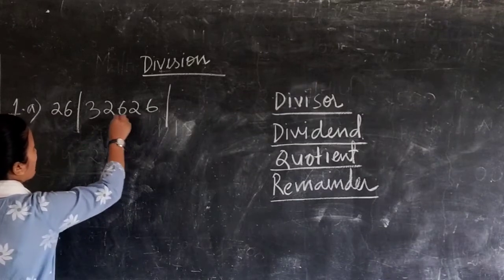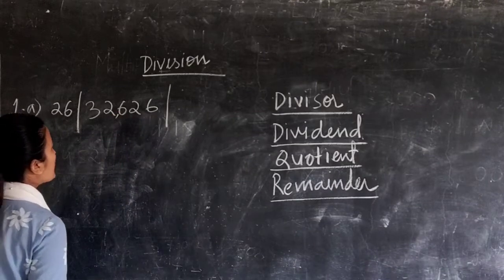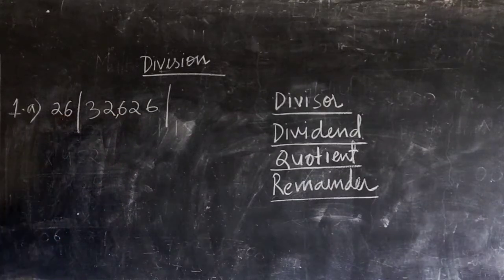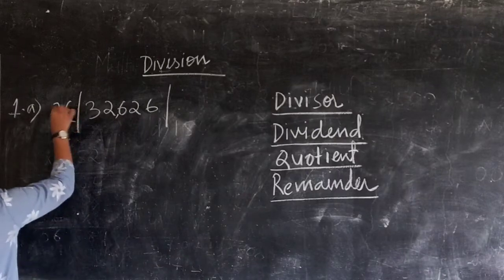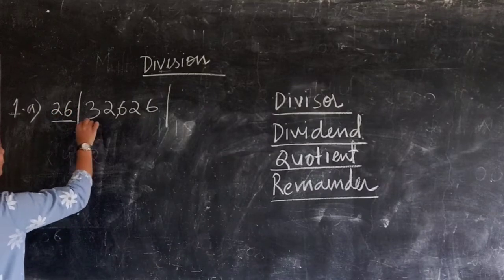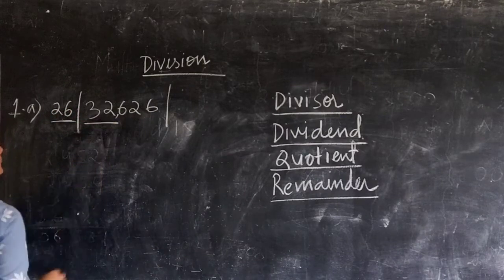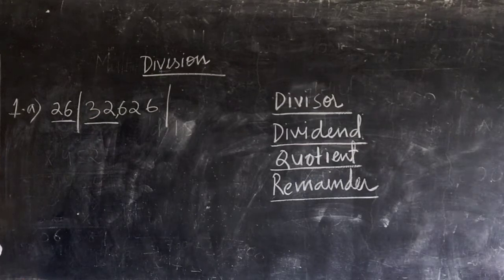Okay, so you have to divide 32,626 by 26. Okay, so if you are given two numbers like this, ones and tens, then you have to look at the two numbers on your dividend side.